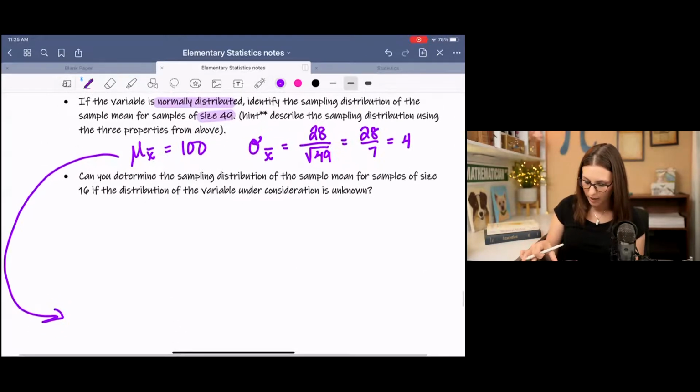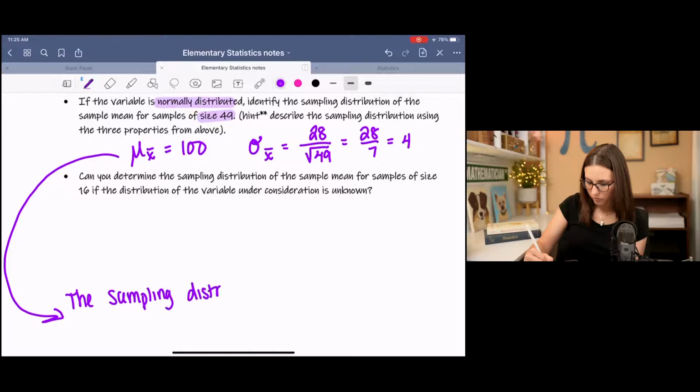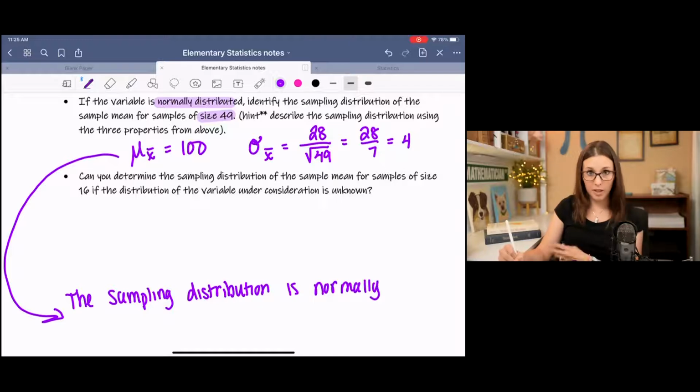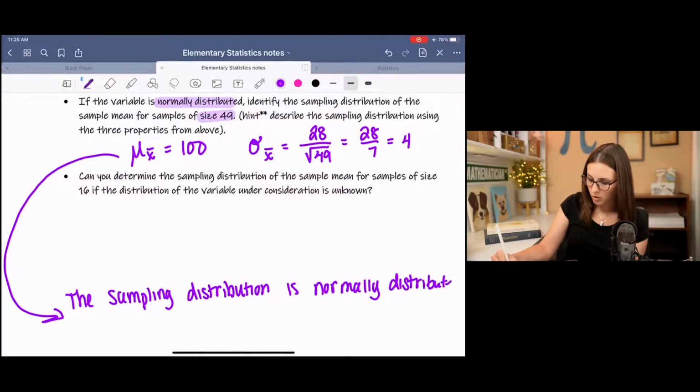I'm going to say the sampling distribution is normally distributed, not approximately, because the original was normal, with a mean of 100 and standard deviation of 4.